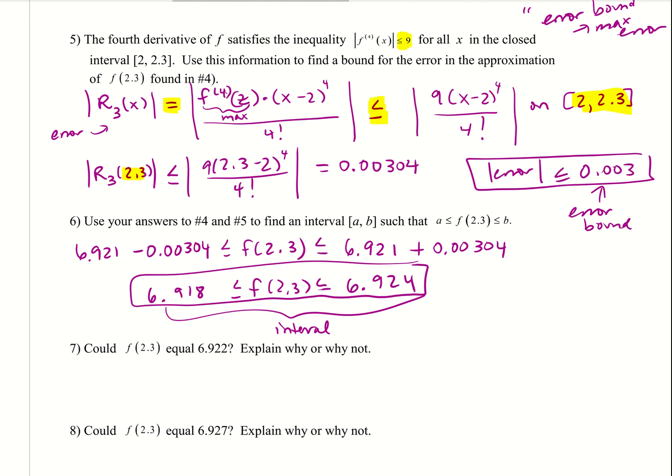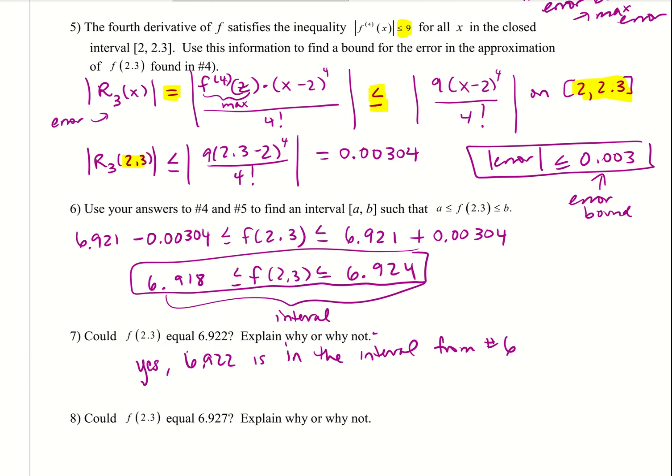Please try to work on understanding the differences between them. So could f of 2.3 equal 6.922? Yes. Why? Because 6.922 is in the interval from number 6. So that is possible. Could it be 6.927?